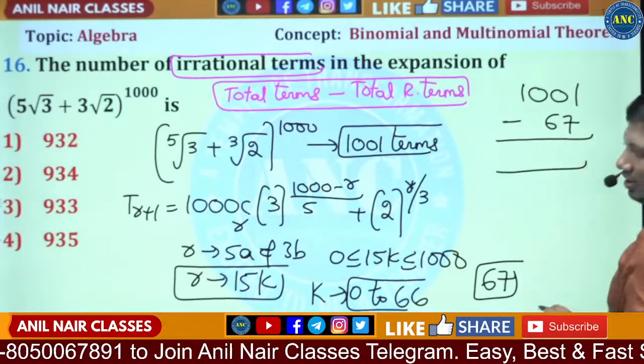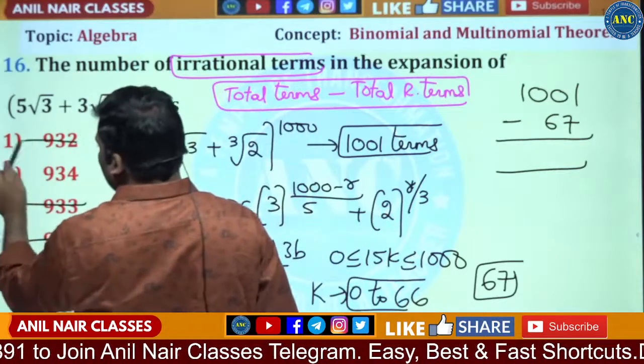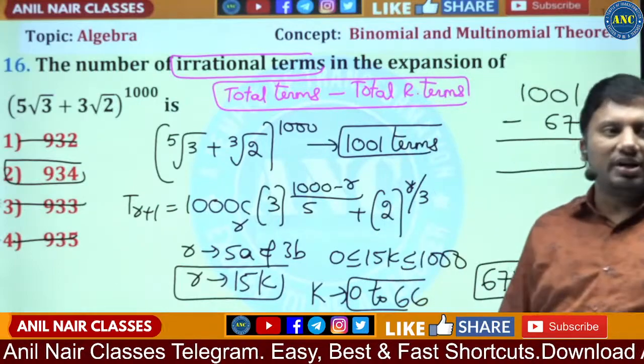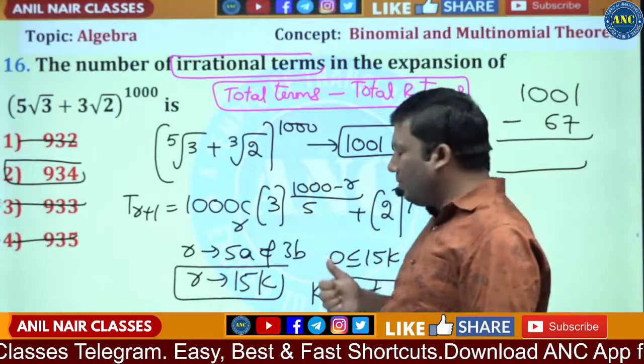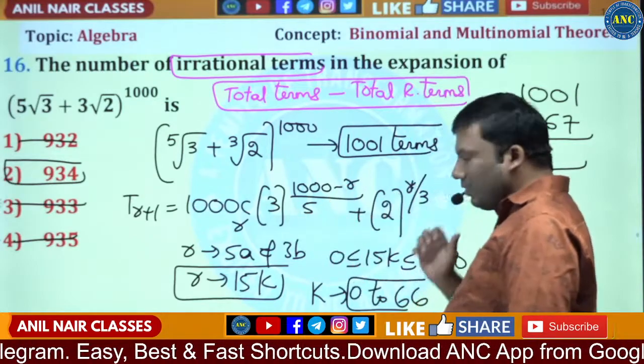1001 minus 67, the unit digit should be 4. Only one option has unit digit 4. 934 is the answer. What I did here: 1000 is perfectly divisible by 5, so r should be divisible by 5. R should be divisible by 3.